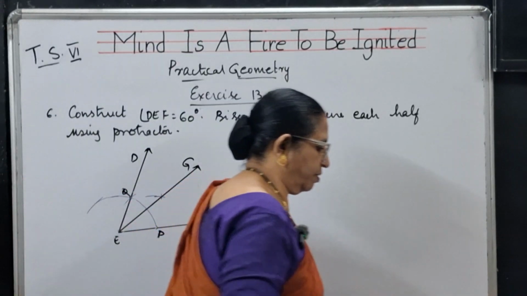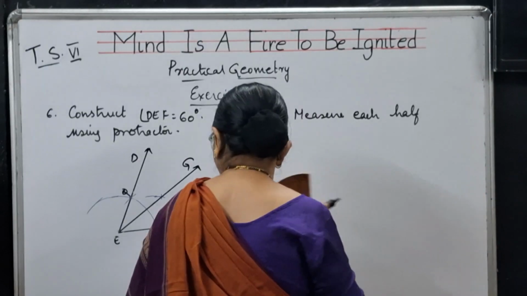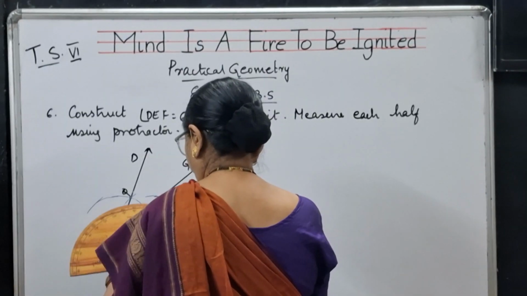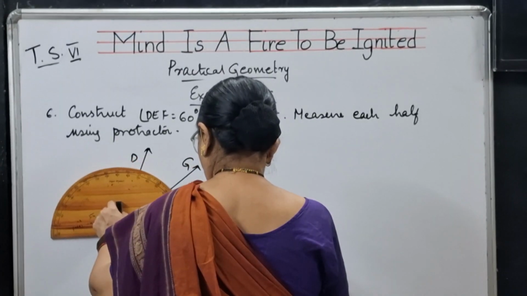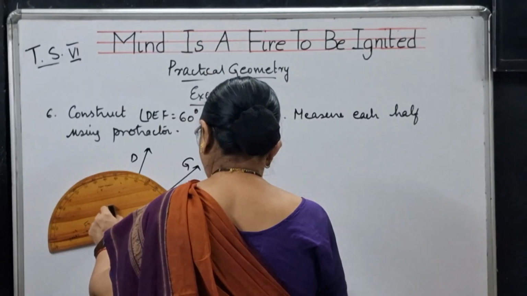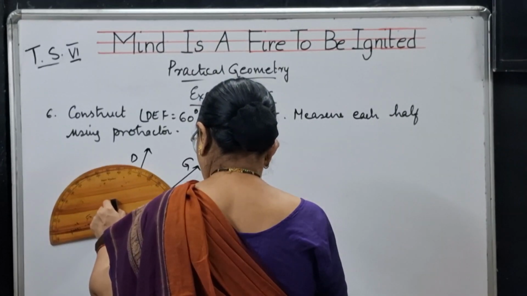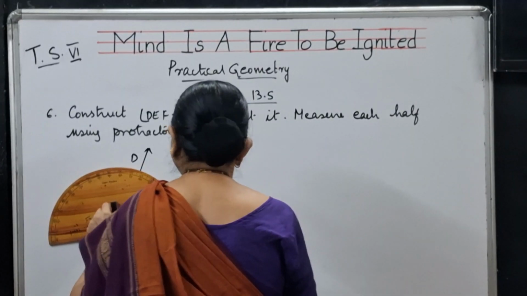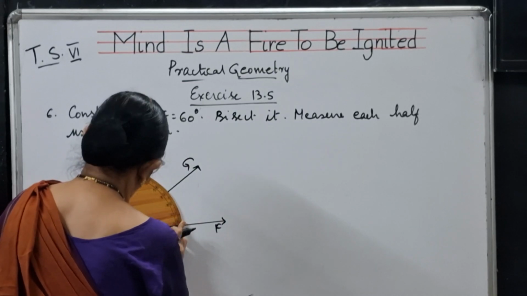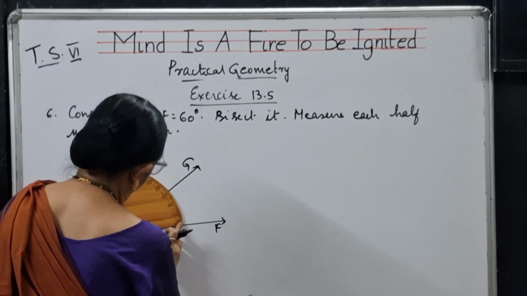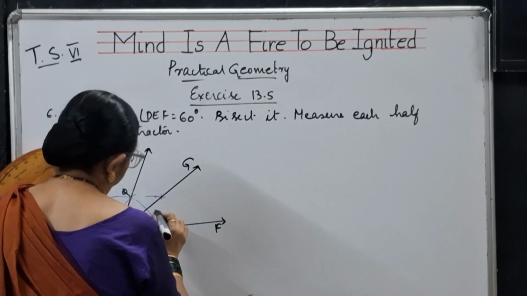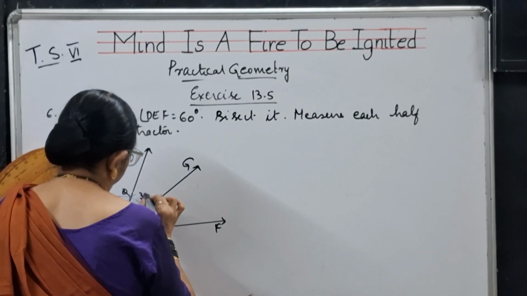So how much is this bisector? If you measure the bisector here, 30 degrees is this, and this is 30 degrees.